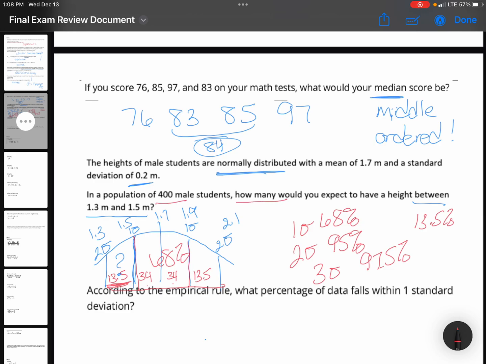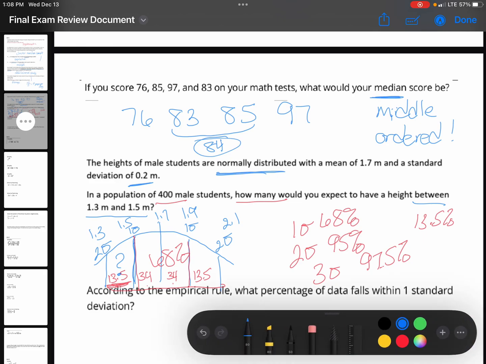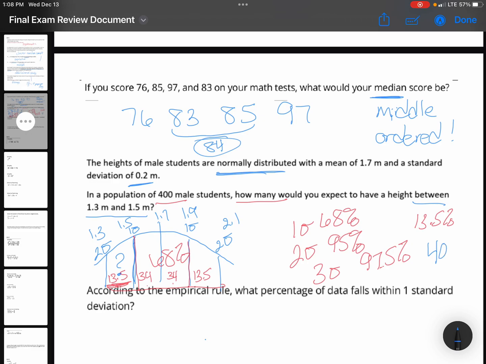Well, that doesn't quite answer our question because it says how many? Well, what is 13.5% of 400? So what you want to do then is take the 400 and multiply that by 13.5. We got to make it a decimal, 0.135. All right, I'm running out of room a little bit here.